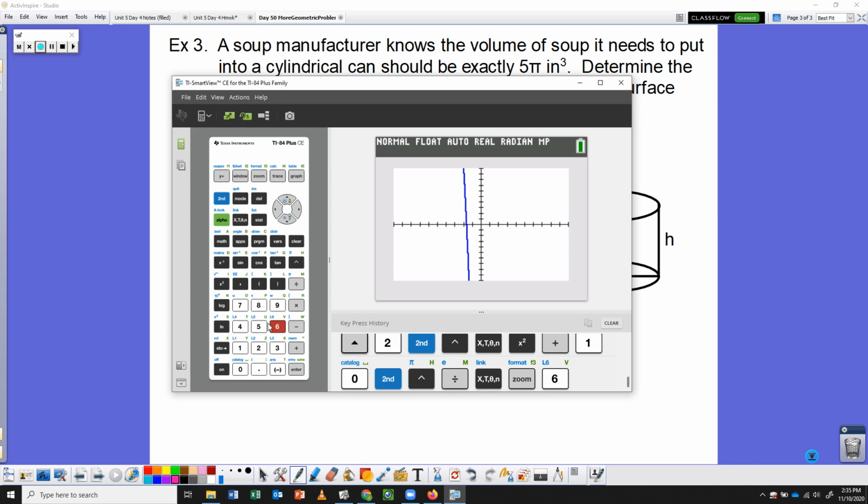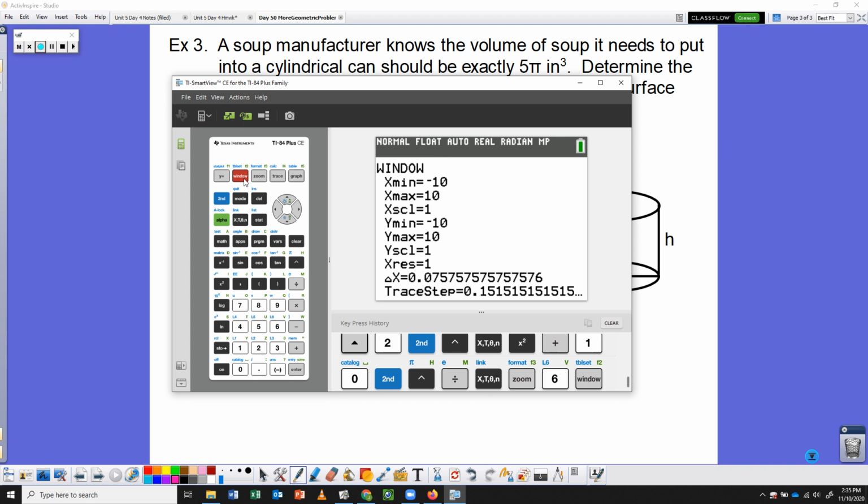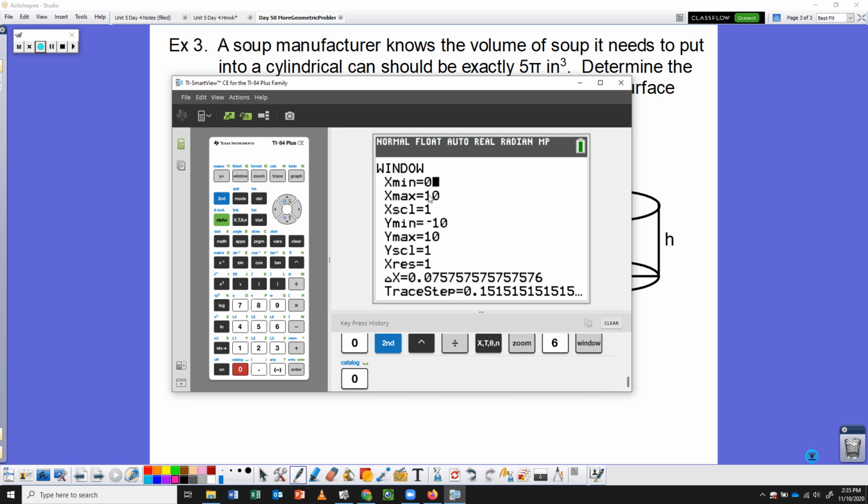So we have to realize that x, which is your radius, has a minimum value of 0. And I'm just going to leave 10 as the maximum value for now. For y min, I know that my surface area cannot be negative, so we're going to go down to 0. And for my y max, I don't know, I'm going to try like 200. We'll give that a shot and see what it looks like.